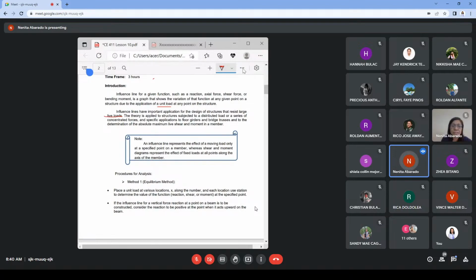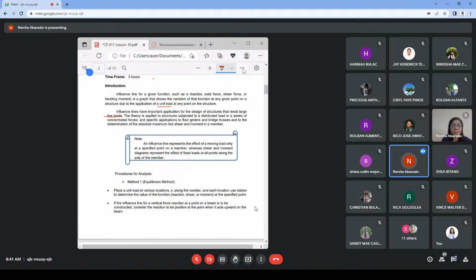Ano ba yung series of concentrated load? Okay. Let's say class ang vehicle. Kaiba naman tayo, ang load ana, magdidepende sa number of wheels. Yun ang magiging i-consider natin na series of concentrated forces. The wheel loads ng ating cars or ng mga vehicles.